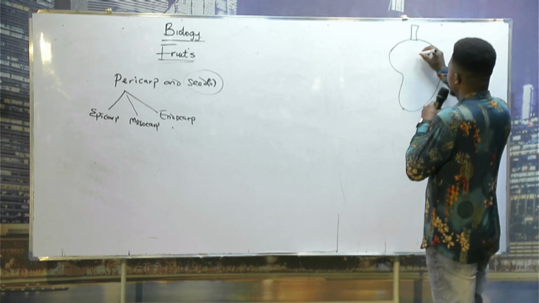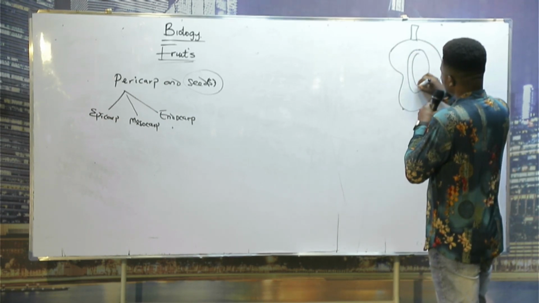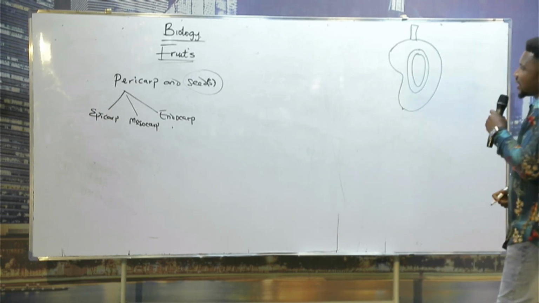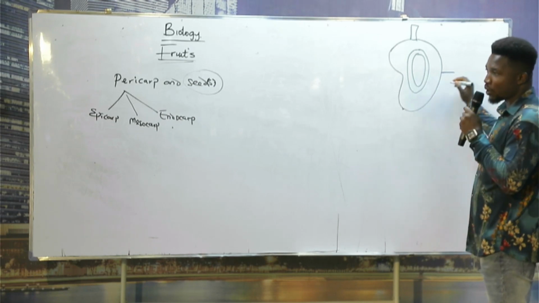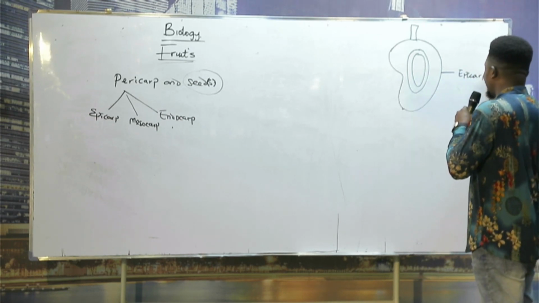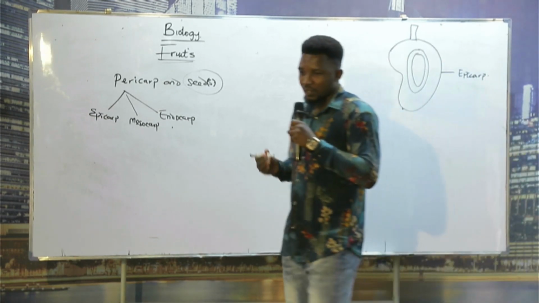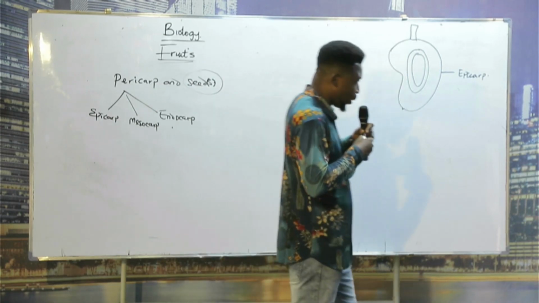Now, this is a mango, and the outer part is what we call what? The epicarp. Remember what epi represents in biology. Epi means what? Outer, right? Epi means outer or on, right?